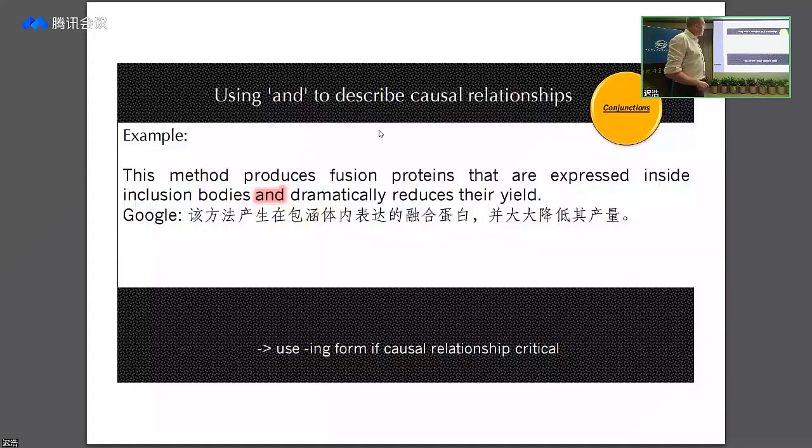Okay, so please tell me, what is the relationship between inclusion bodies and reduction in yield? I want to see 1,000 responses. What does "and" indicate here?